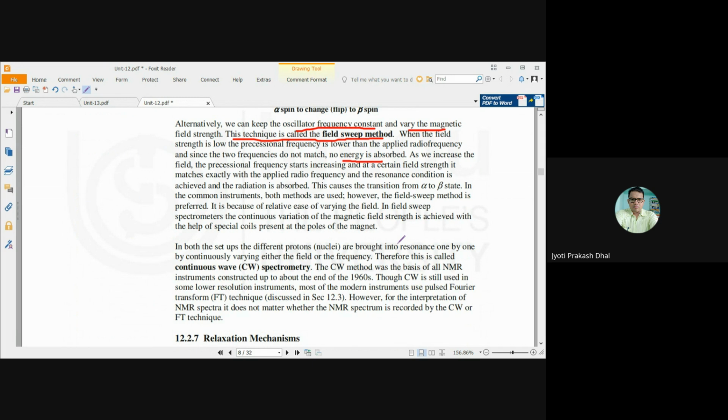So in the commonly used NMR instrument, the frequency will be constant and the magnetic field will be varied. When the magnetic field is varied, at a particular position the precessional frequency matches the constant frequency, and in that condition resonance will happen, and the transition from the alpha to beta state will occur.